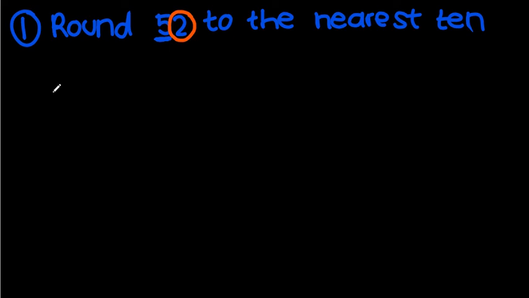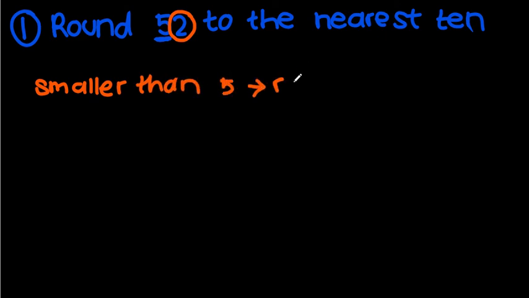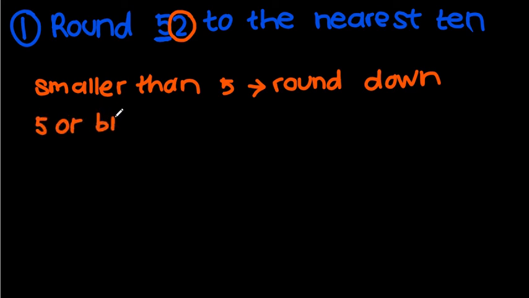The rule is, if that circled number is smaller than 5, we round down. If that circled number is 5 or bigger, we round up.